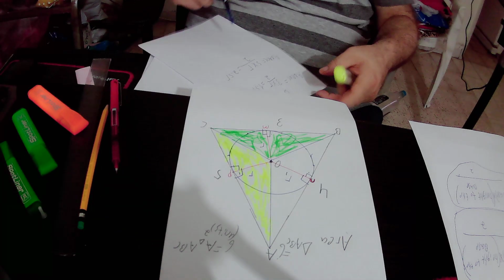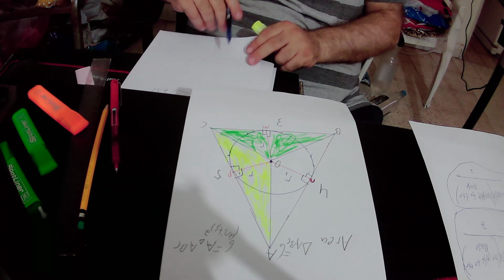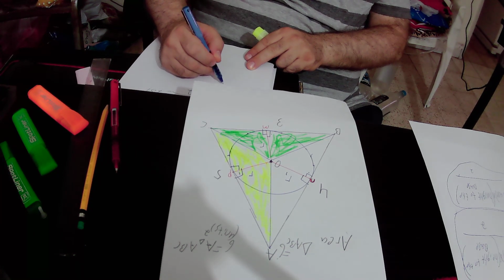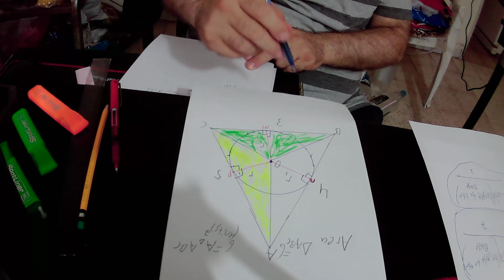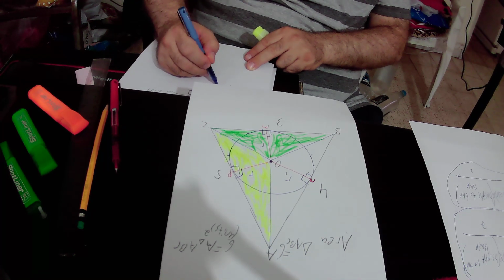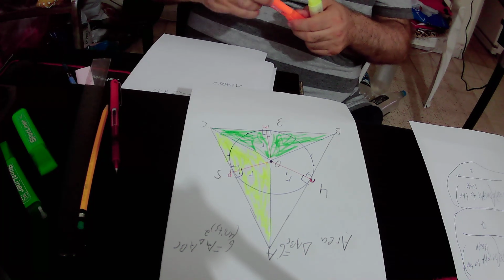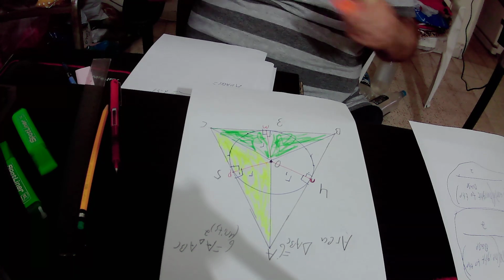And in the same way we can calculate the area of triangle AOB, the orange triangle.